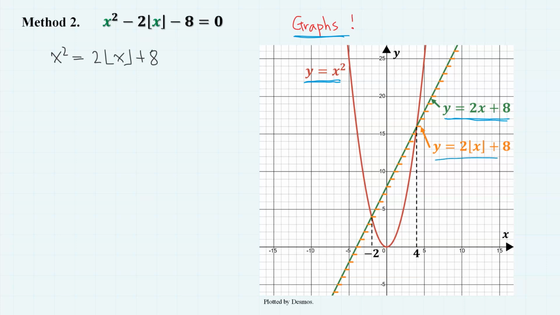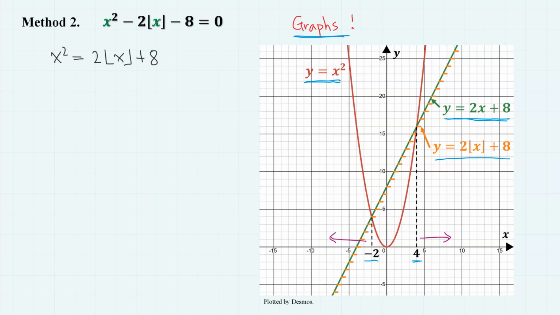The graph of the actual right-hand side, y equals 2 floor x plus 8, is just below the graph of y equals 2x plus 8, so the overall trend that I'm going to explain applies to both green and orange graphs. Two graphs meet at x equals negative 2 and x equals 4.